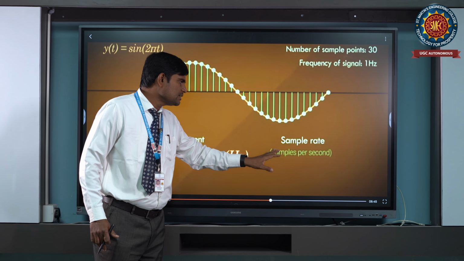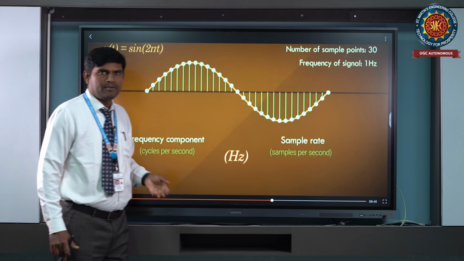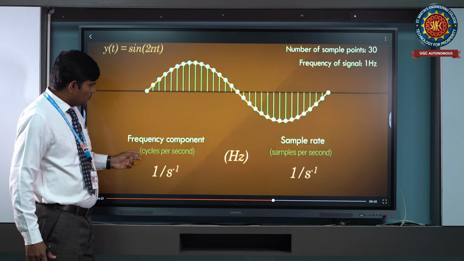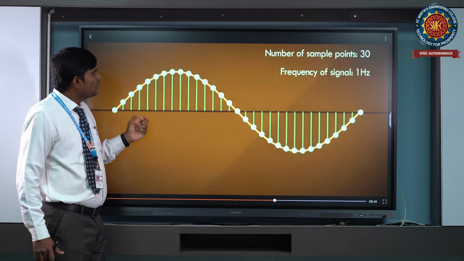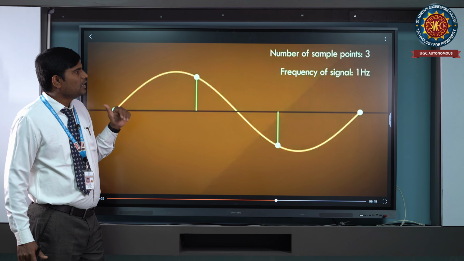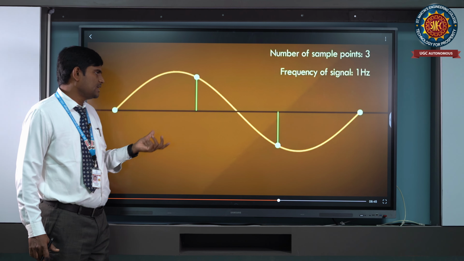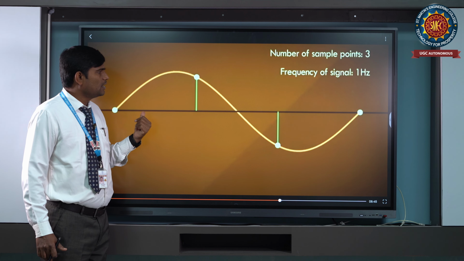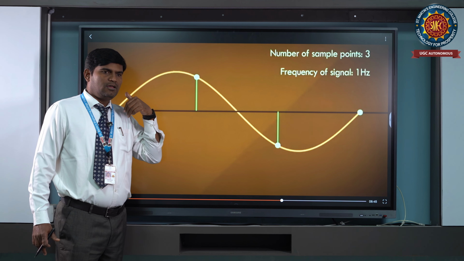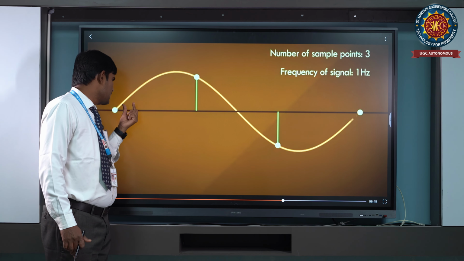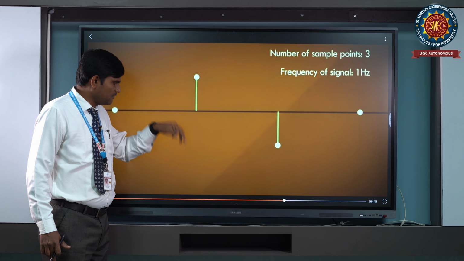Sampling rate is the number of samples per second. So both are mentioned per second. Therefore, both can be taken for counting the number of samples used per second to represent the given signal.